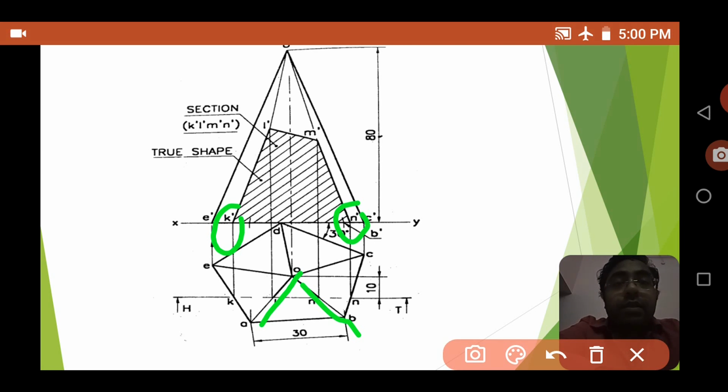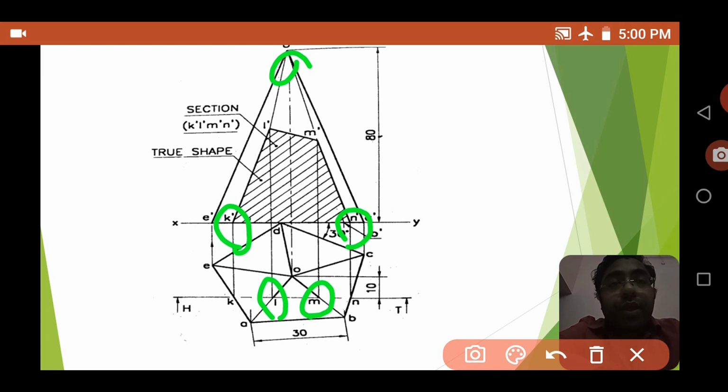So here you can see that L and M are points in a higher position. So first you mark the K point as K dash, and here N goes straight to the N dash point. Then you have to draw a line from K dash to O dash.